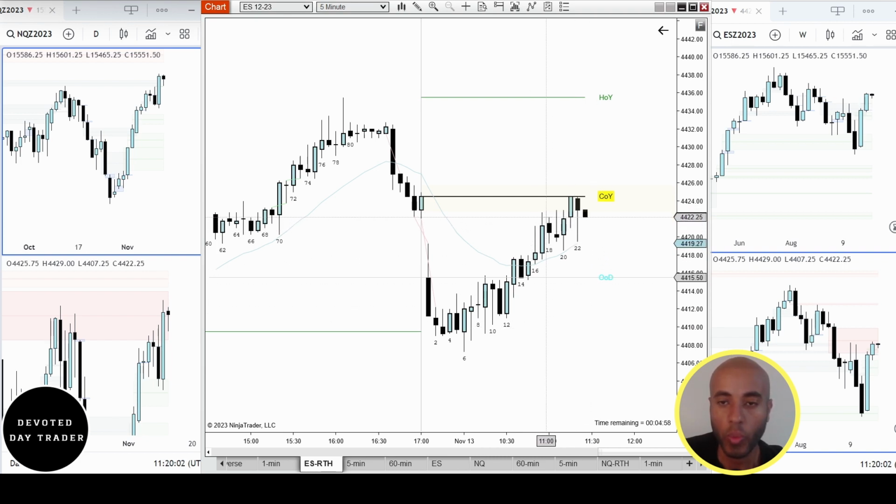So once we have a close above the range of the first 18 bars, there's a 90% chance that we've seen the low of the day. And I am betting that this is the low of the day. I don't think price will come down to make a new low of the day. That is a low probability.